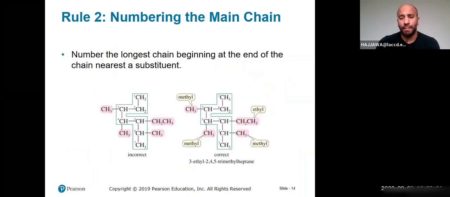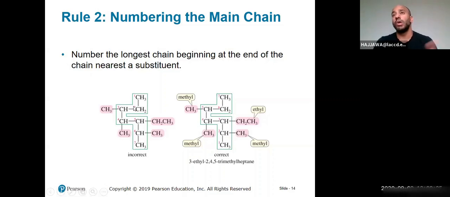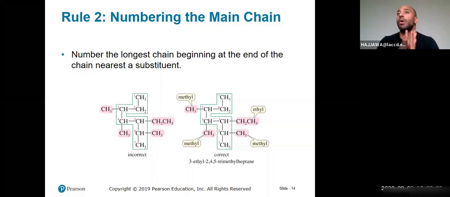Once you find that longest chain of carbons, you look for the second rule, which is numbering the chain. Numbering the chain will always be from the side that's closer to the nearest substituent. Keep in mind that I want my substituents on carbons with the lowest numbering possible. Here's an example.